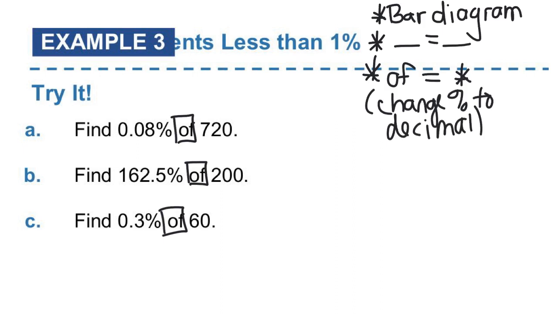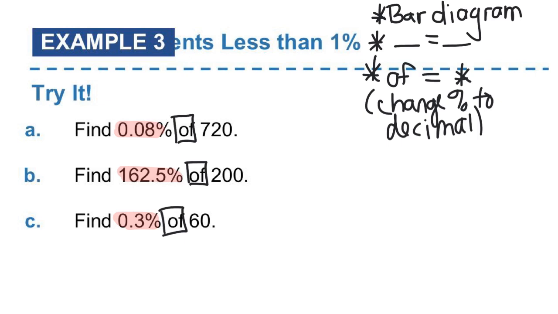And you might say, but Mrs. Weeks, this is already a decimal, and I would agree with you, but do you see that percent sign at the end? That means it's really a percentage.